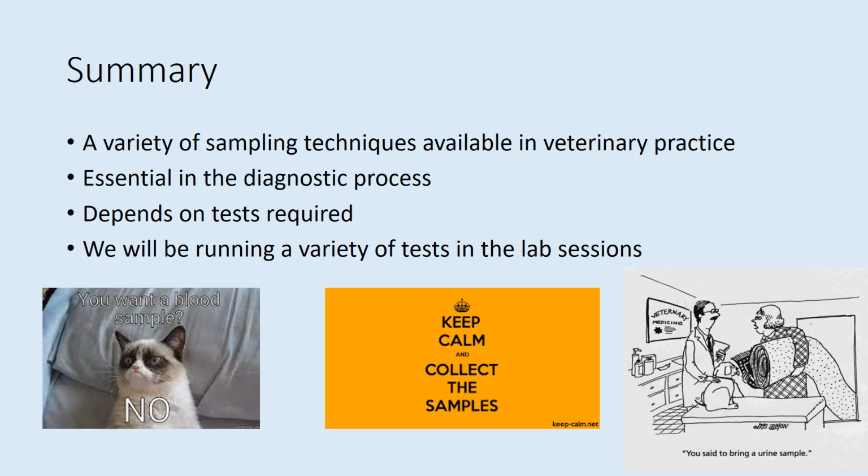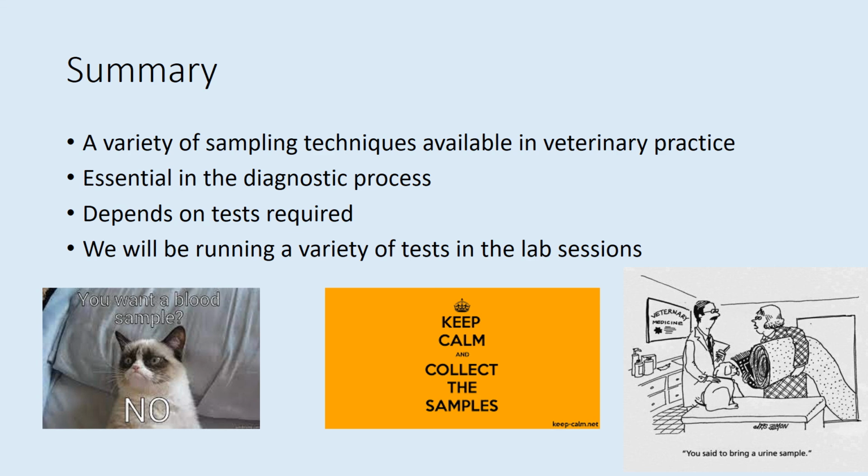So just to summarise, there are a variety of sampling techniques available in the veterinary practice, and those really are the things that you'll be doing. The procedures will be the same in terms of how we obtain a blood sample, but some of the equipment surrounding that will really vary depending on the practice that you will be doing your placements in. Whatever way that you see it being done, it is an essential part of diagnosing a condition for vets.